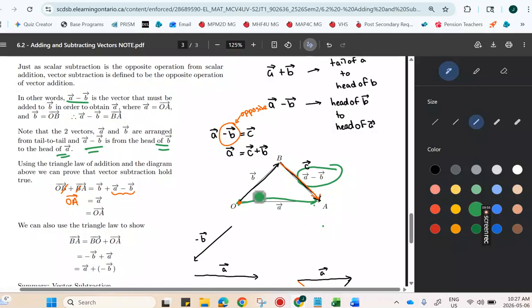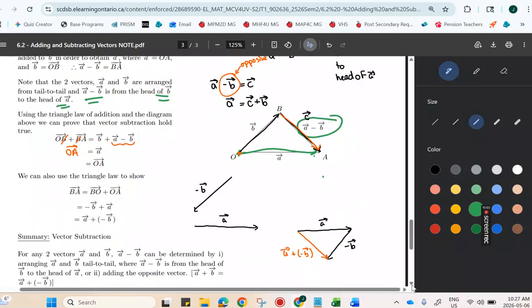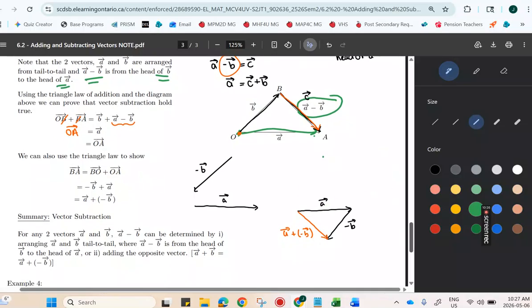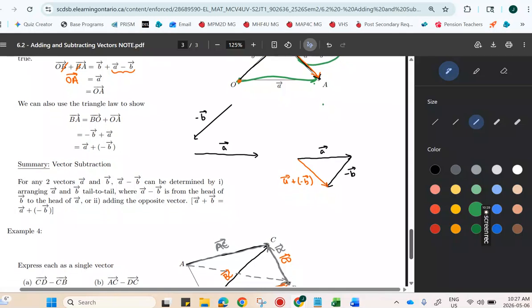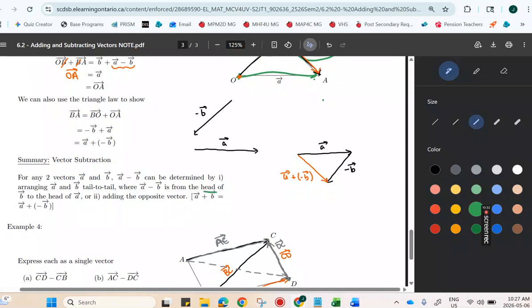It's essentially eliminating the vector B. So using the triangle law, because I want to end up where I started, we can also use the triangle law to show that vector BA is the same as BO plus OA. The one thing to remember is head to head.